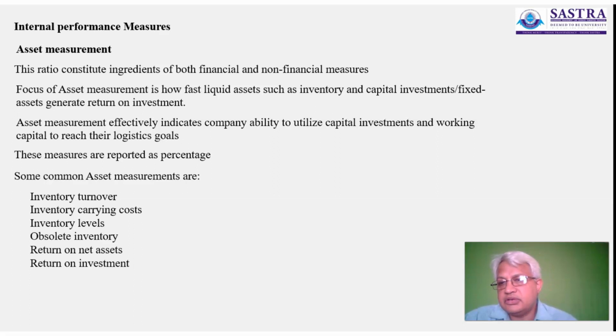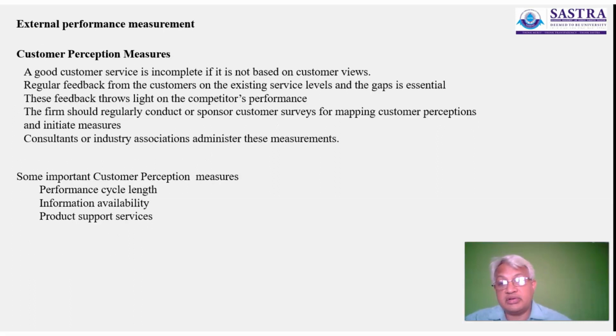So some common asset measurements are inventory turnover, carrying cost, levels of inventory, obsolete inventory, return on net assets, and return on investment. So that completes our internal performance measure, which is both financial and non-financial, and asset measurement is a mix of both.